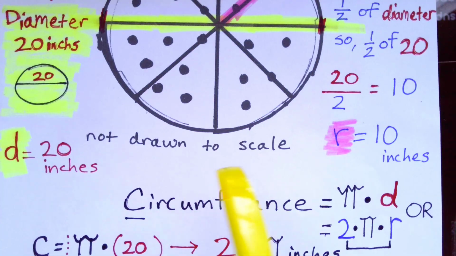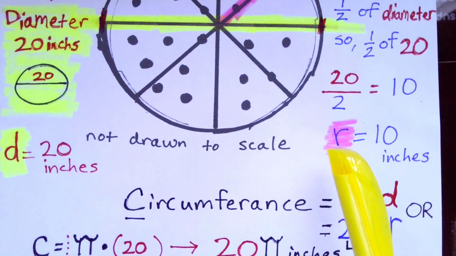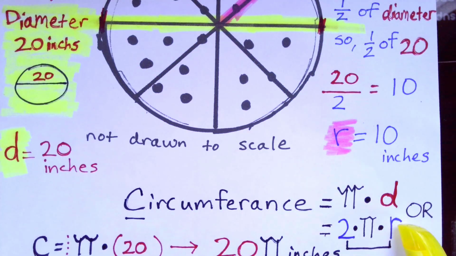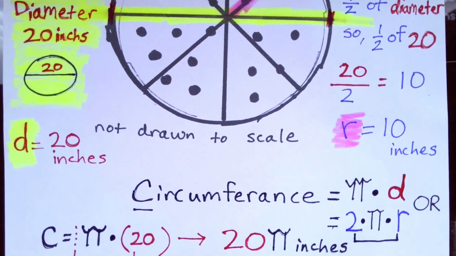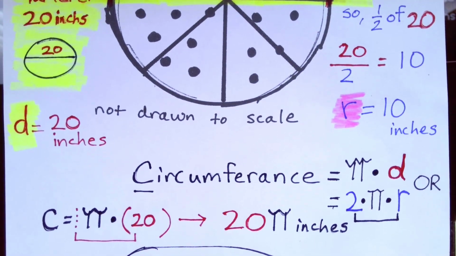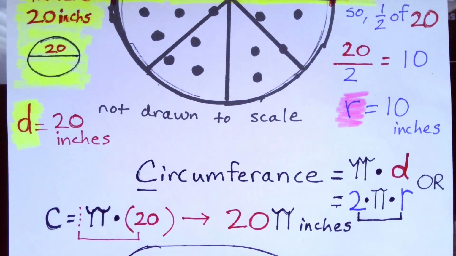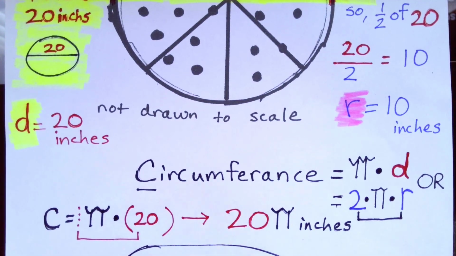Now, sometimes they might give you your R, or your radius value, instead of the diameter. In that case, I would use 2 times pi times r. And I would just substitute the value of r into the formula, just like I'm going to substitute the diameter into this formula right here, because they gave me diameter. They did not give me radius.